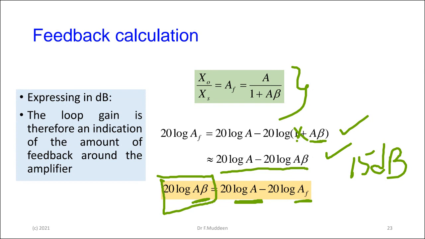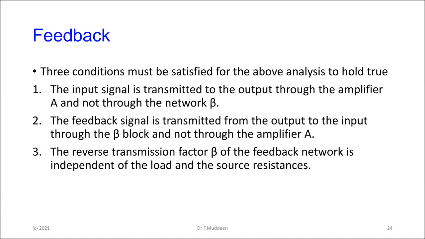All of these things we have encountered in various forms already. And just to conclude the discussion, there are some things that have to be true. First off, the signal transmitted through the amplifier, let me go back here.